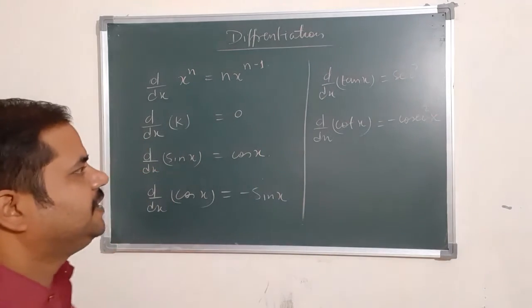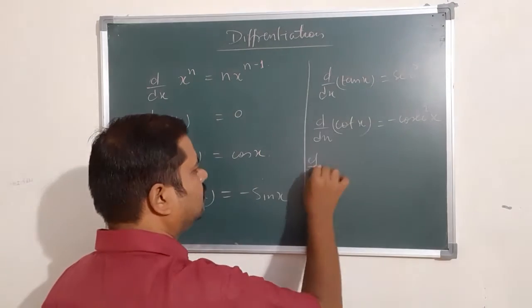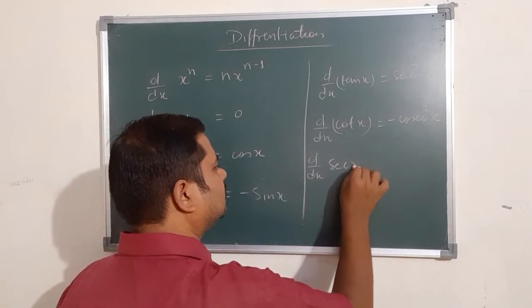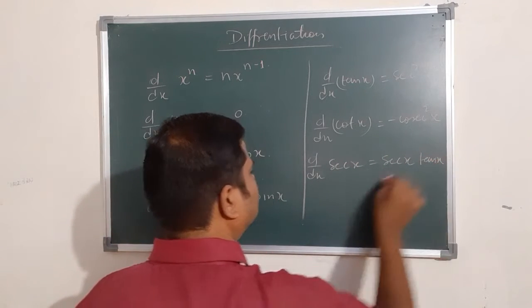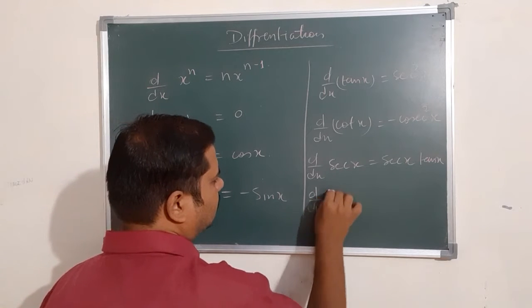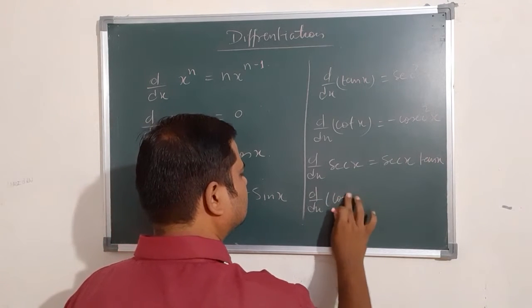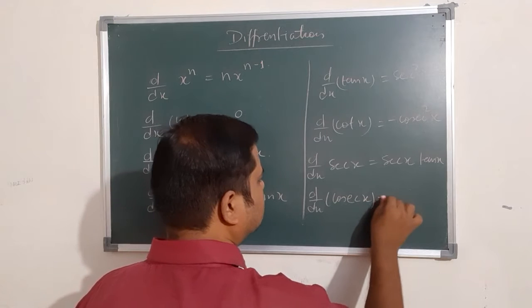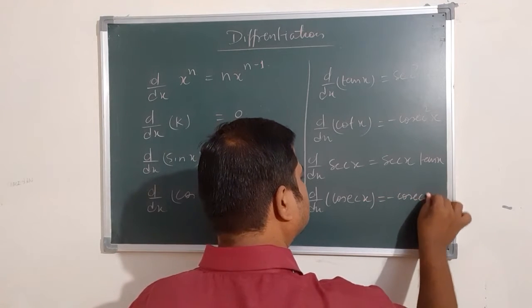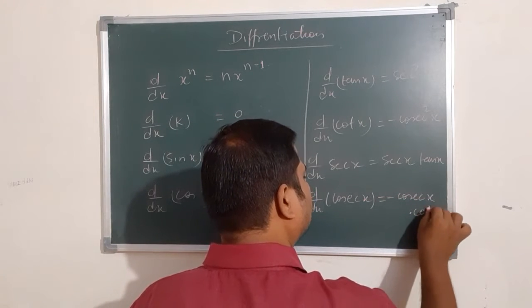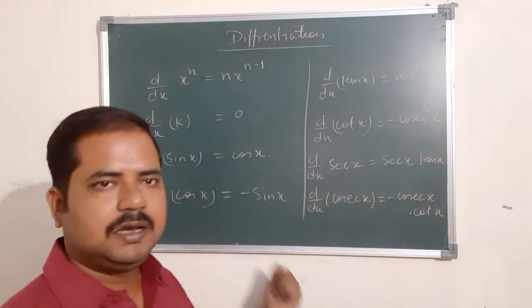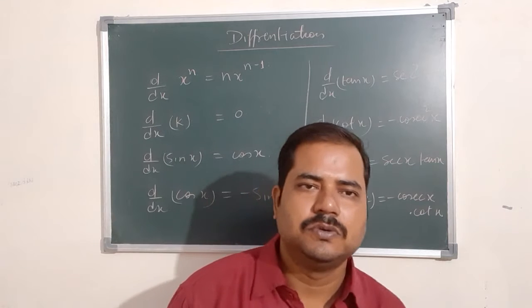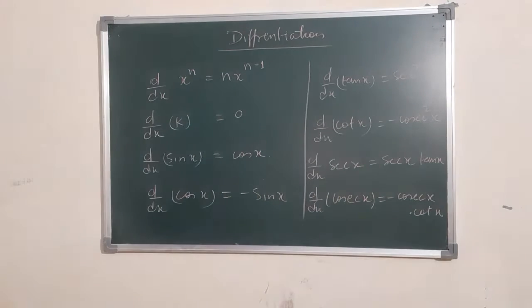And d by dx of sec x is sec x tan x. d by dx of cosec x is minus cosec x into cot x. So this is the basic formula what you studied in class 11. So let us note down.